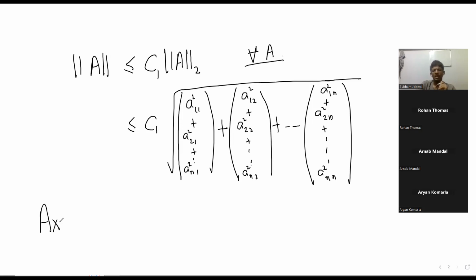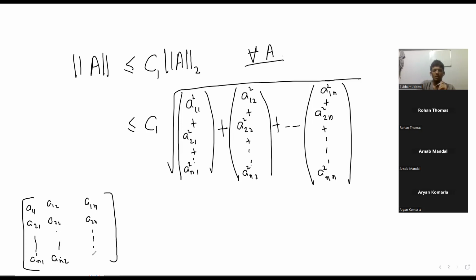So you take AX, and you want to say this is less than, and finally arrive at this sum of squares.